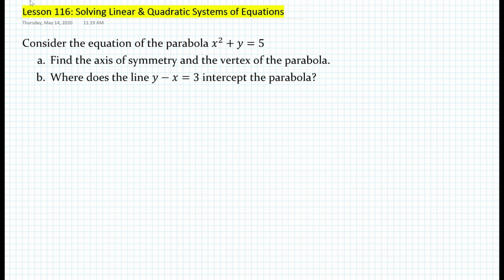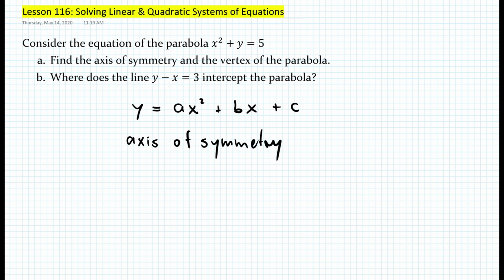So as we learned in the previous video, if you have y is equal to ax squared plus bx plus c, then the axis of symmetry is x is equal to negative b over 2a.